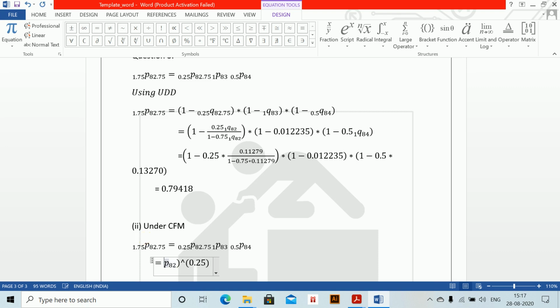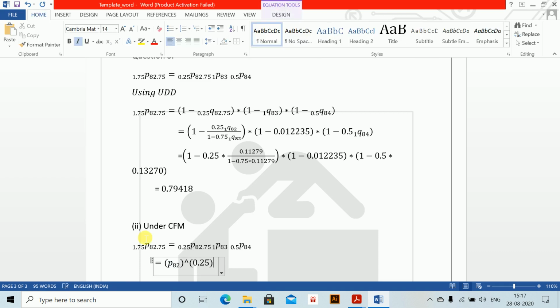See, this is not going because the brackets was under the highlighted area. So p to the power this into p underscore 83 into p underscore 84 to the power 0.5.